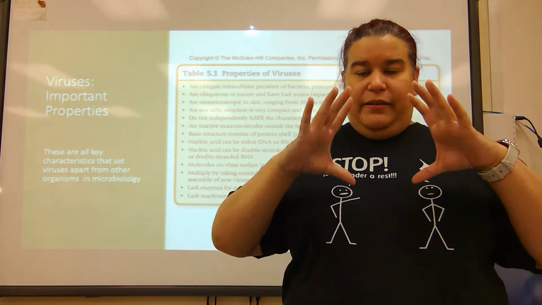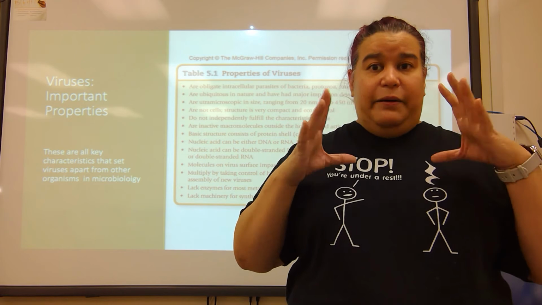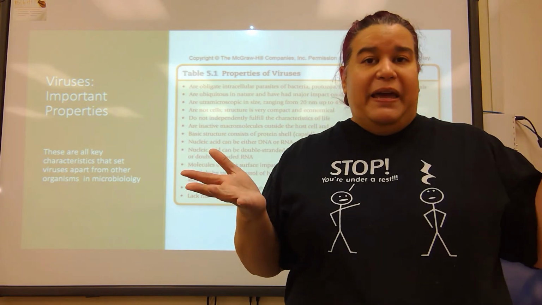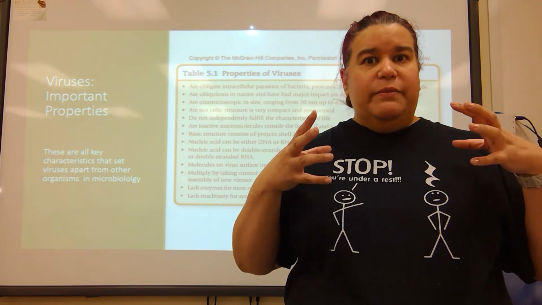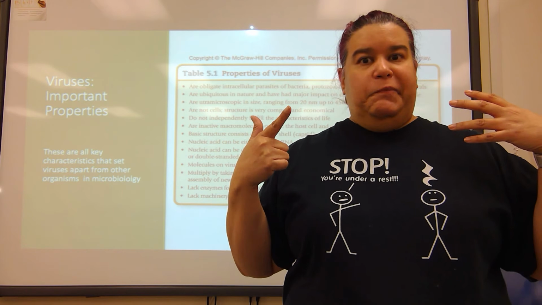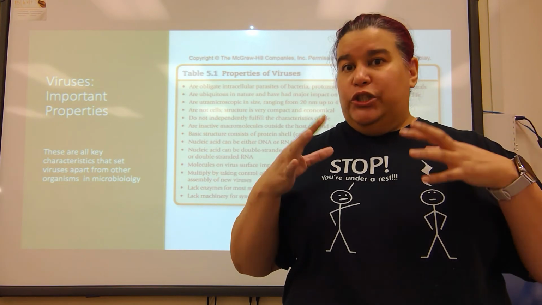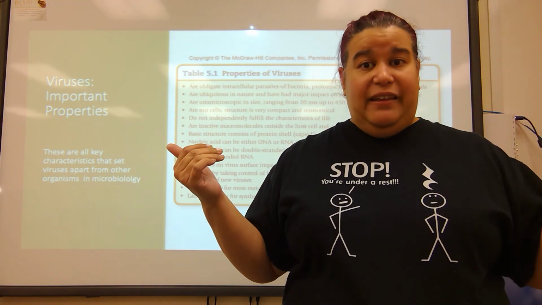That capsid that is covering up the nucleic acid material in the middle is a type of protein. They have no way to make that. All of the machinery, the ribosomes, the endoplasmic reticulum, the Golgi to finalize, they don't have any of that.